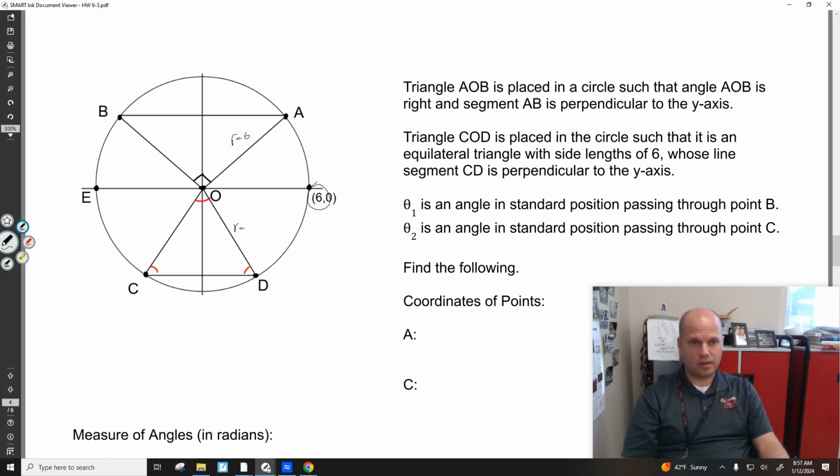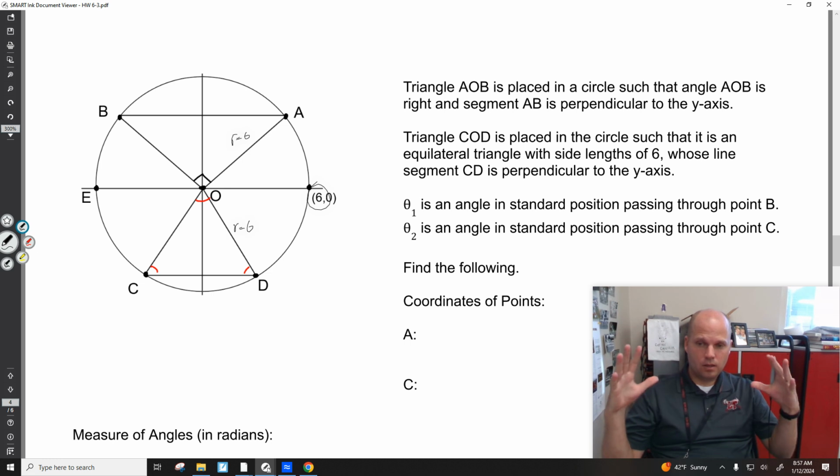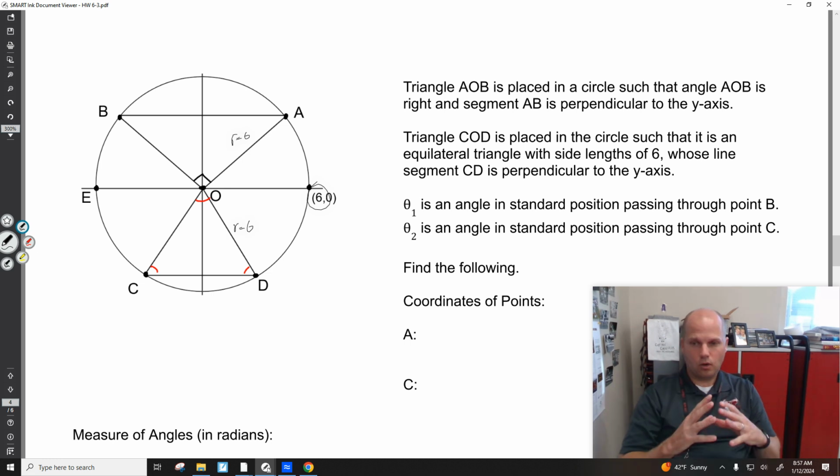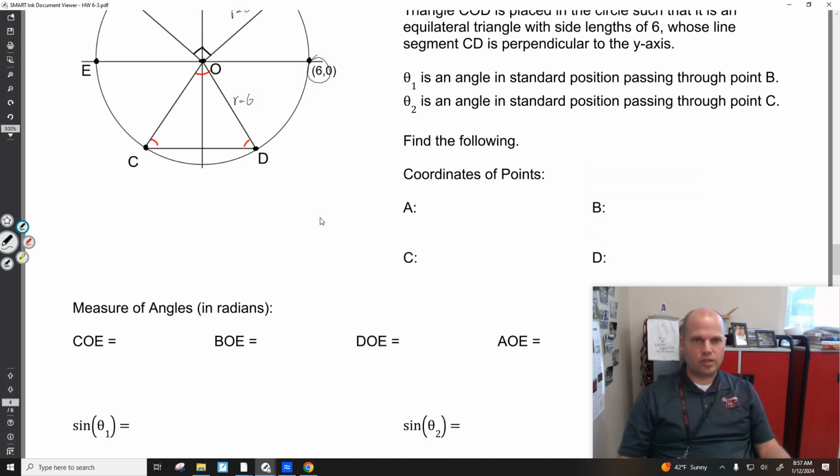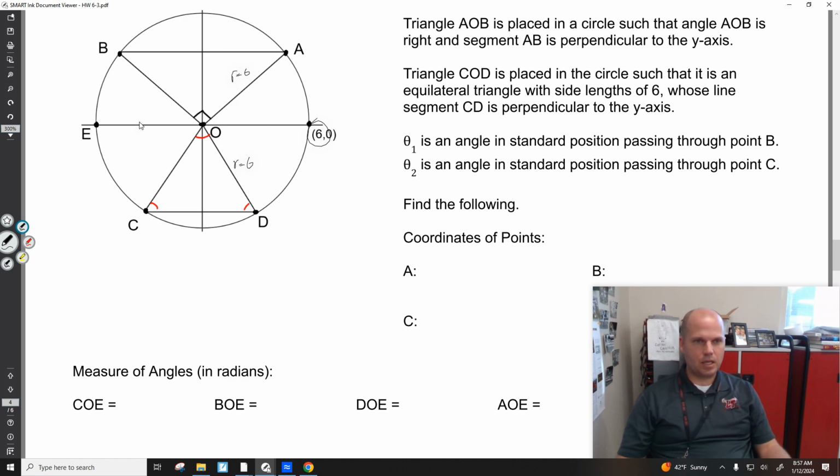So this is where I'm going to take a larger triangle and shrink it, or take my representative triangle and expand it so that I know the side lengths if I'm asked for them. Find the following coordinates of the points A, B, C, and D.